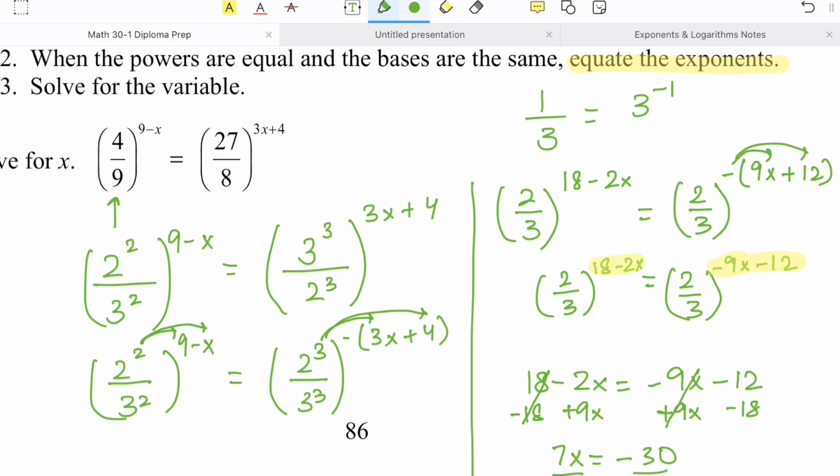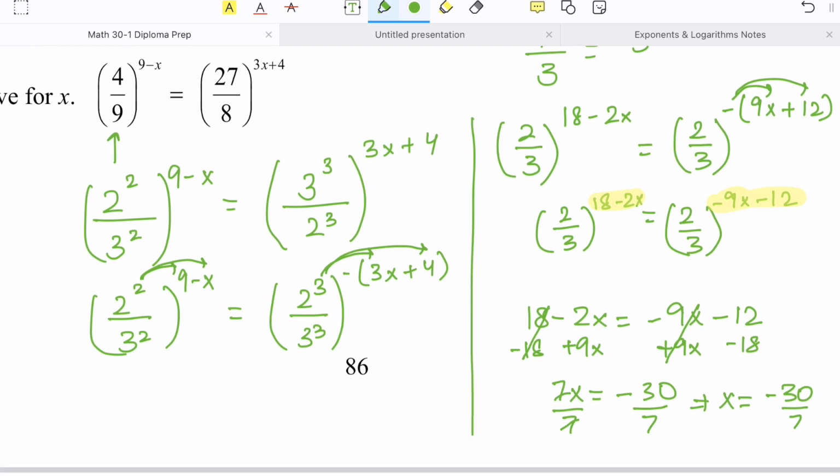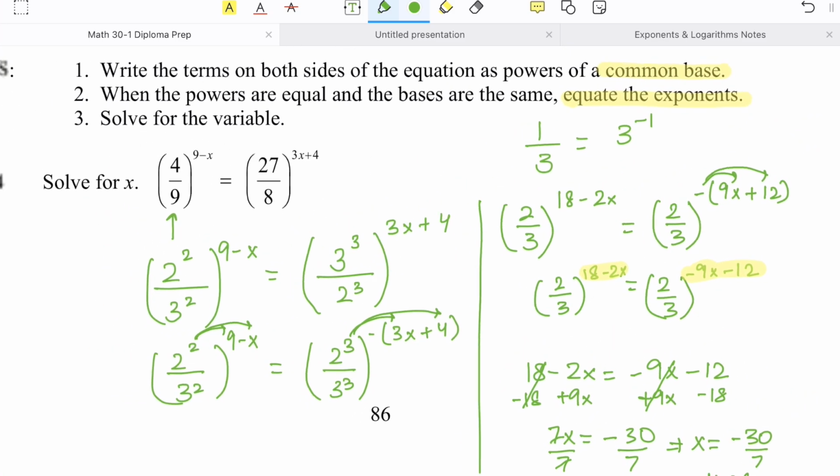Divide both sides by 7 and your answer is x is equal to negative 30 over 7, which as a decimal will be negative 4.29 rounded to the nearest hundredth.